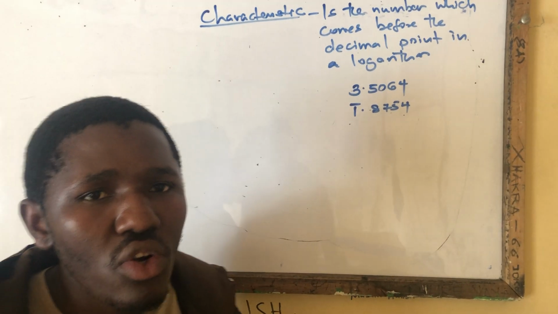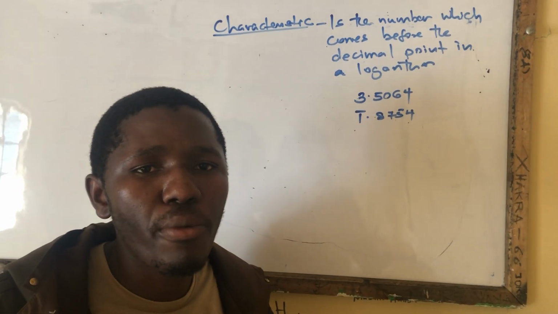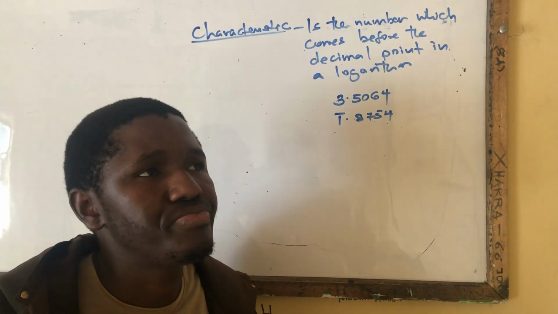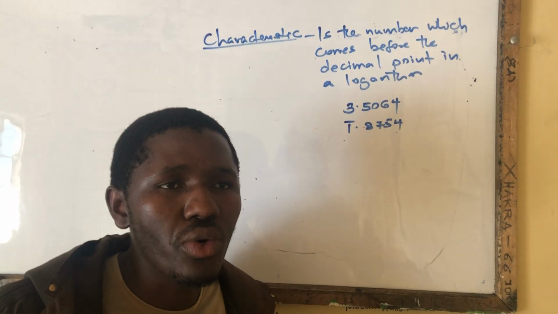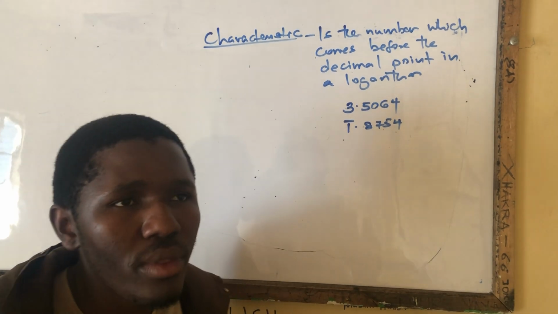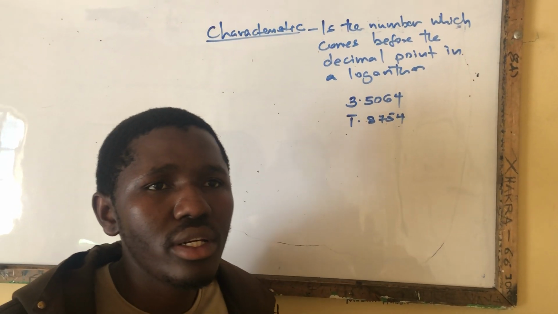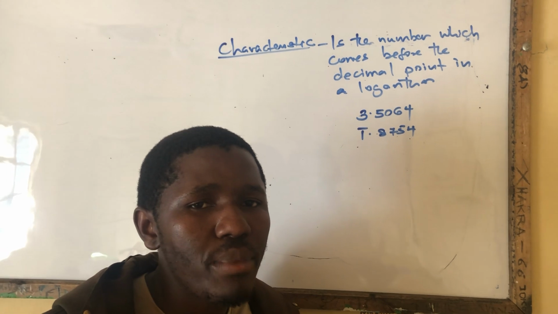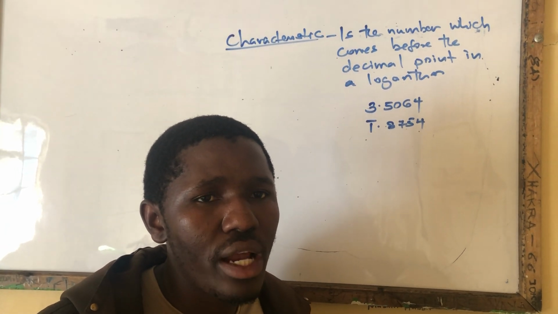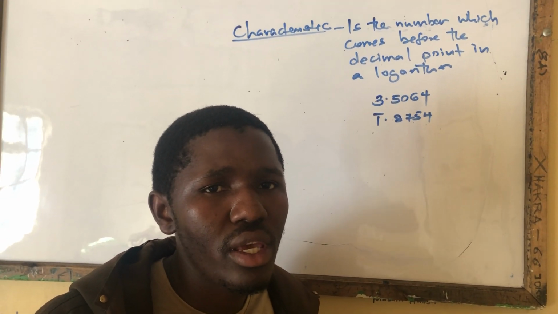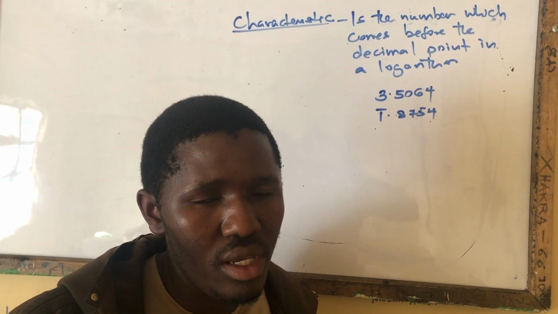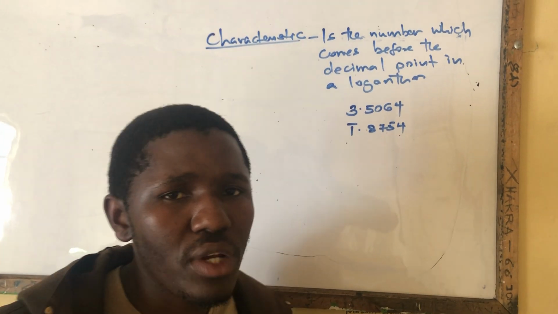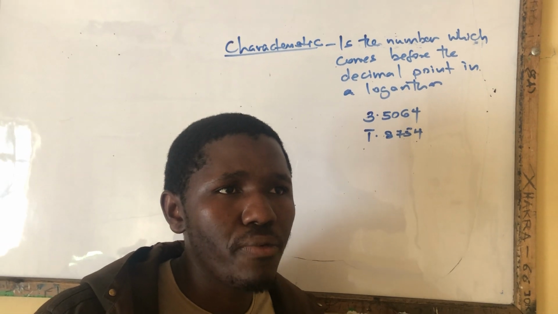I want to take note that the characteristic is usually the power of 10 after a number is expressed in standard form.